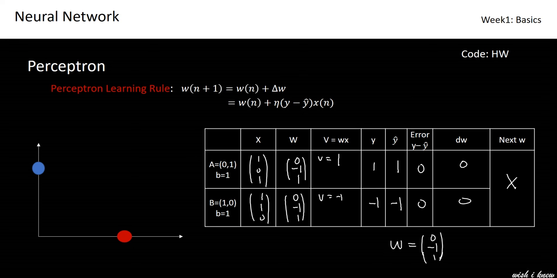And if I draw this, it may look like this. So that is the bias, the first one, bias is just 0.